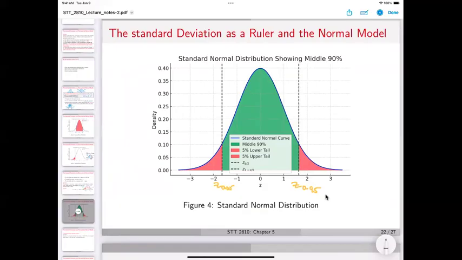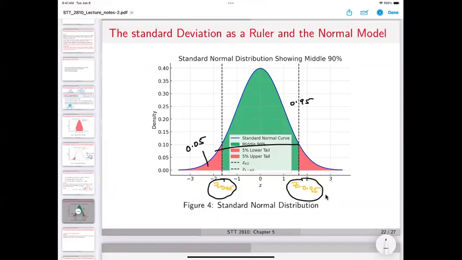So let's try to read from StatCrunch. So for us to read from StatCrunch, it means that this area here is 0.05, right? And then the whole of this area here is what? 0.95. So let's try to find z of 0.05 and z of 0.95 in StatCrunch. Does that make sense? We want to find those z values.